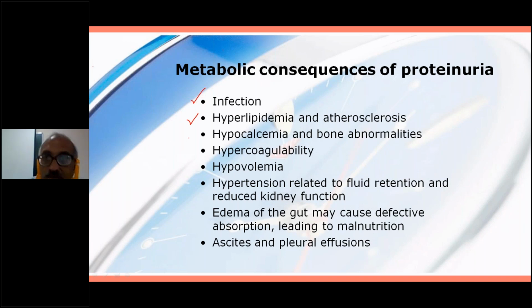When the calcium binding protein is lost, hypocalcemia manifests with clinical manifestations or even bone abnormalities. As I said, the blood is thickened because the intravascular volume is reduced, and hypercoagulability occurs because of the loss of protein C and protein S and also the apoproteins. So hypercoagulability will lead to thromboembolic phenomena.